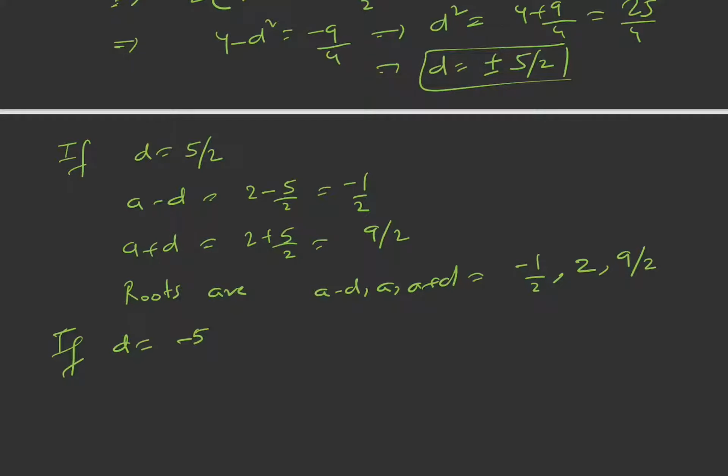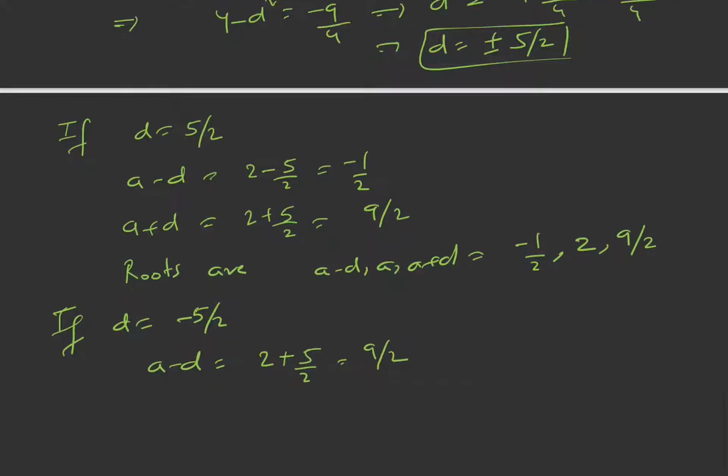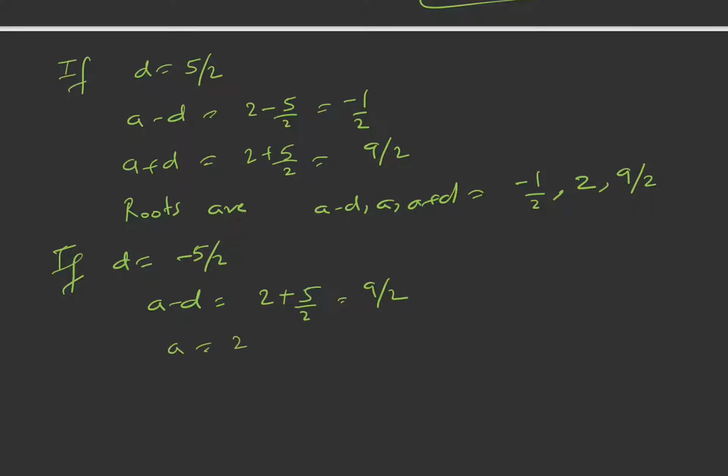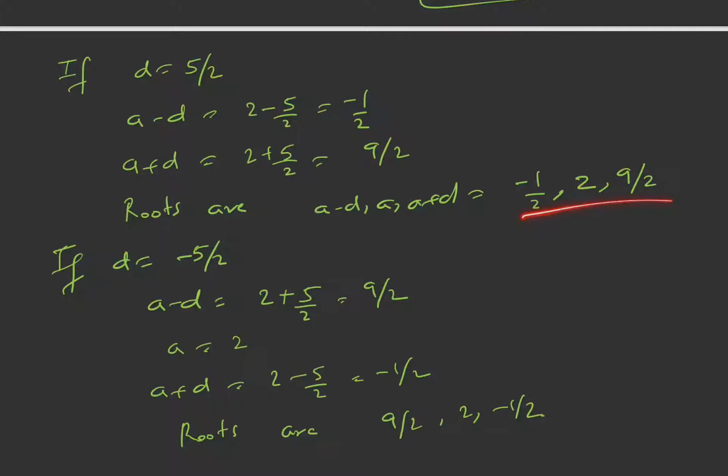Now say if d is equal to minus 5 by 2, then what is a minus d? This is 2 plus 5 by 2, which you will get as 9 by 2, and a is anyways 2, and a plus d is 2 minus 5 by 2, which you will get as minus 1 by 2. So again, what are the roots? Roots are 9 by 2, 2 and minus 1 by 2. So you will see that the roots will be the same in any case, right?